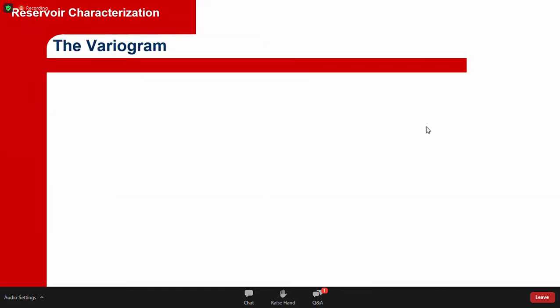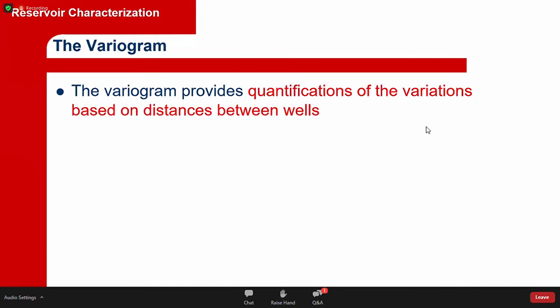A variogram is mainly trying to do some statistical evaluation of data based on the spacing between wells. When we talked about histogramming before, a histogram does not take into consideration the well spacing. I can do histogramming for a single well, or I can look at the variation across a well, but without including the spacing between wells.